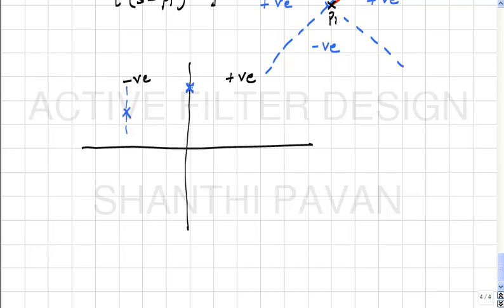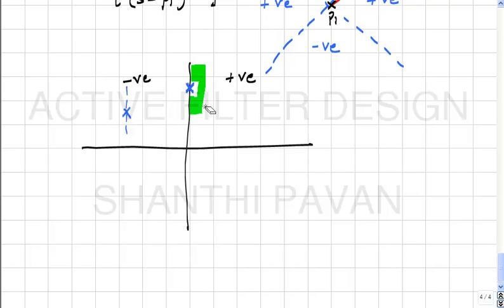We just saw that if you have poles with multiplicity greater than 1, then the real part of 1 by S minus P1 will alternate positive, negative and so on depending on the multiplicity. But we know that the real part must be positive here and negative here.